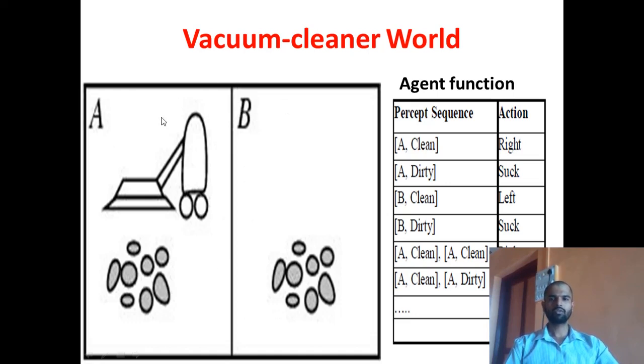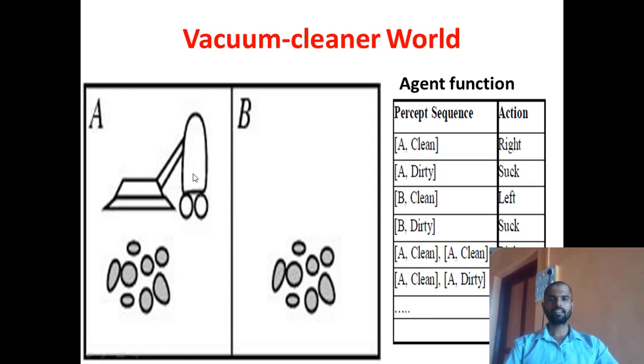So there are two squares A and B. The option in front of this vacuum cleaner is to suck the dirt, or if there is no dirt then move to another block. So basically there are two blocks A and B, and this vacuum cleaner can perform actions like left, right, suck the dirt or stop.